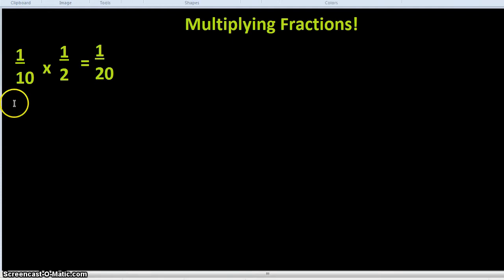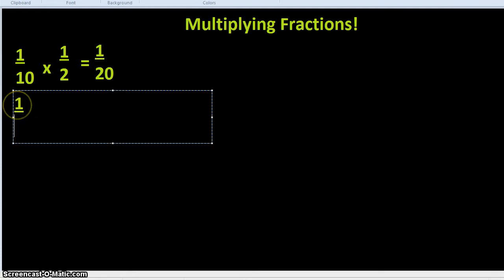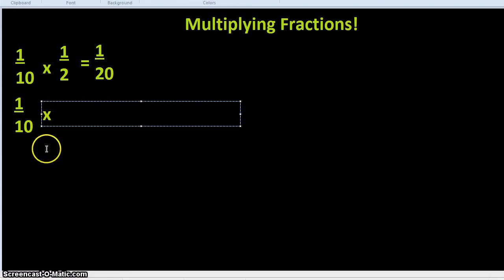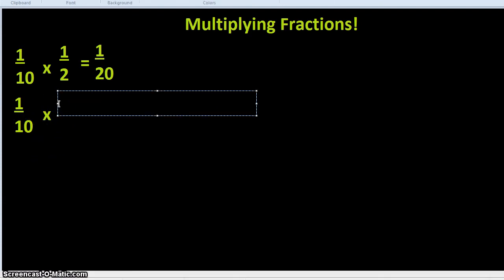If you had 1 over 10, now this time it's times by 2, but instead of just writing times by 2, I'll write the exact same thing in a slightly different way, 2 over 1. Now anything over 1 is just that anything, so 2 over 1 is just 2.